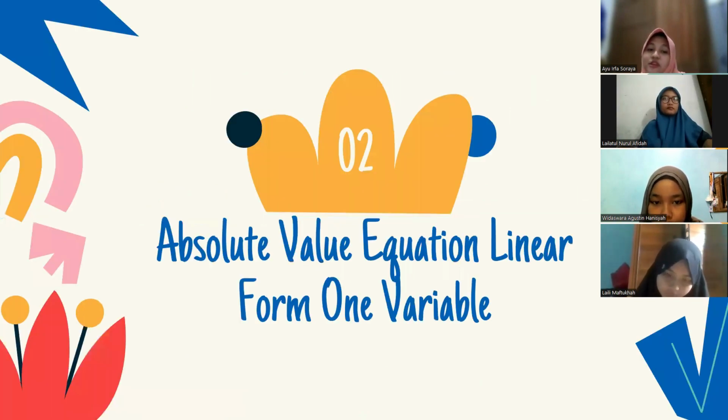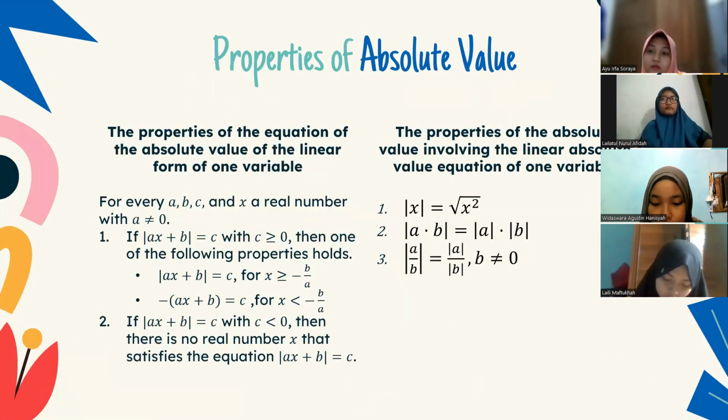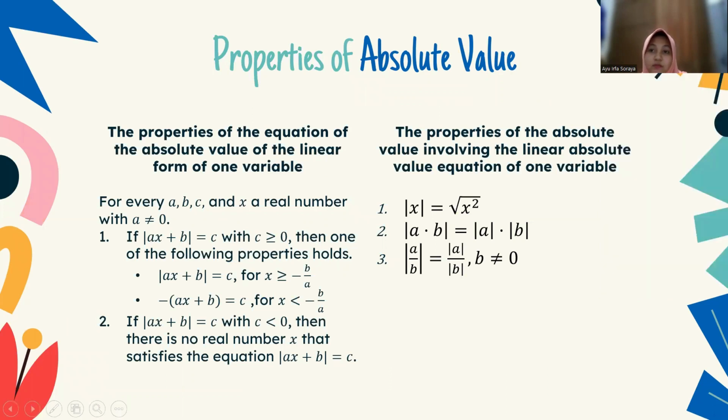The next is the absolute value equation of linear form of one variable. The properties of the absolute value equation of linear form of one variable: for every a, b, c, and x real numbers with a not equal to 0, if the absolute value of ax plus b equals c, with c greater than or equal to 0, then one of the following properties holds.